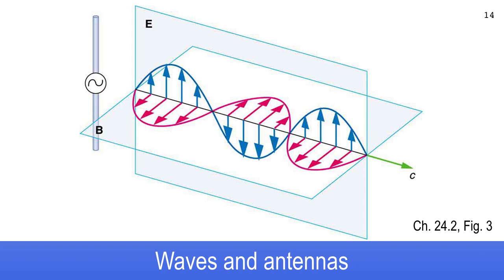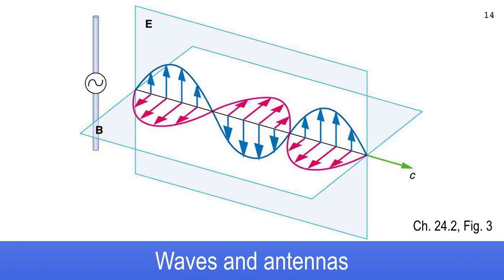The magnetic field is red in this diagram, and if you look up electromagnetic radiation and the word perpendicular on Google, you'll see lots of images like this. It's a standard image, and this one's pretty nice.